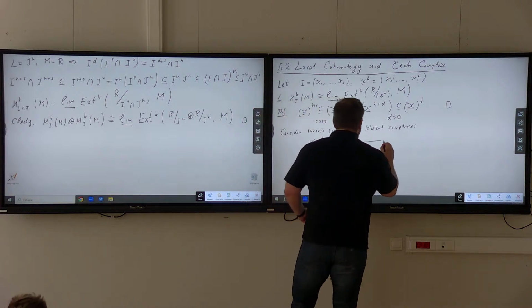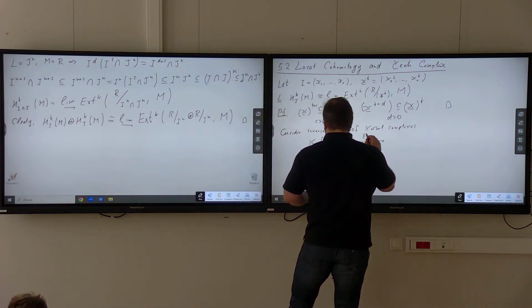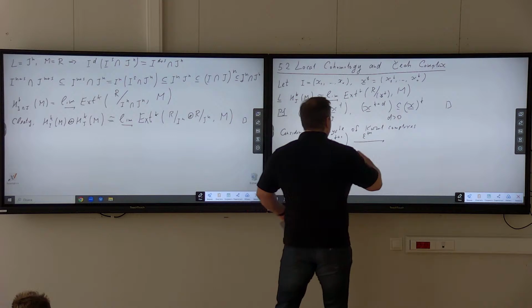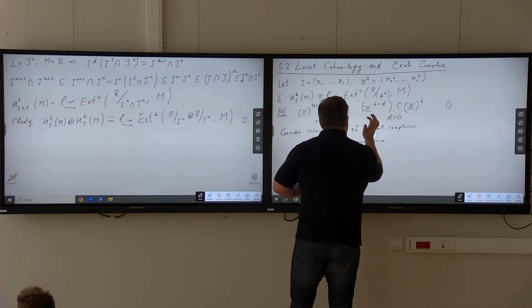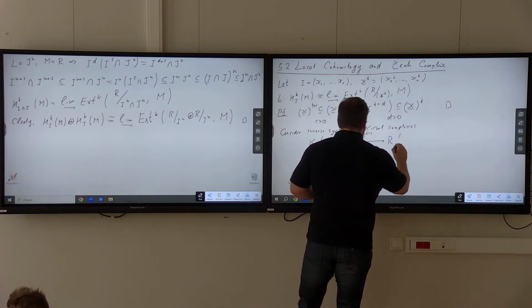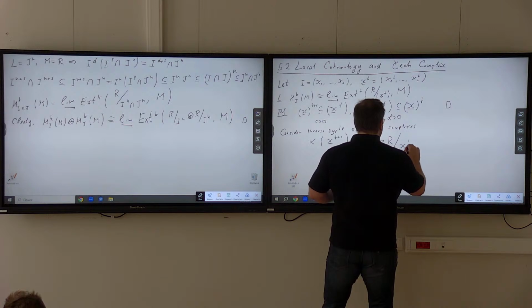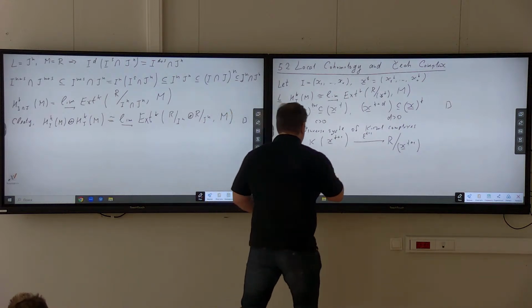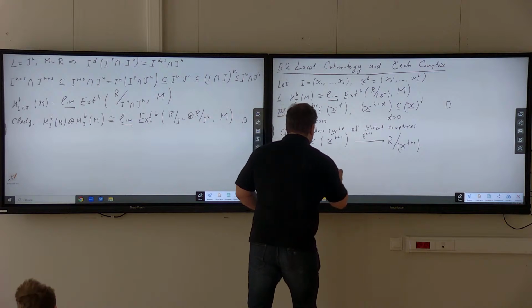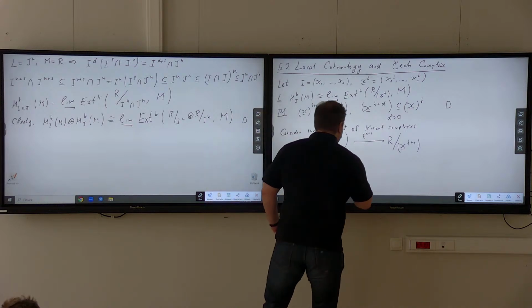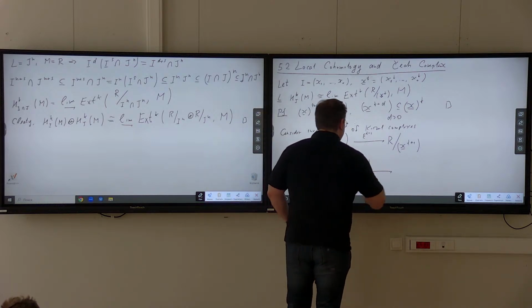Then there is the augmentation map, which I call epsilon t plus 1, to R modulo the ideal generated by x to the power t plus 1. Then there is the Koszul complex which works exactly the same but for the index t, not t plus 1. So the augmentation map is epsilon t.